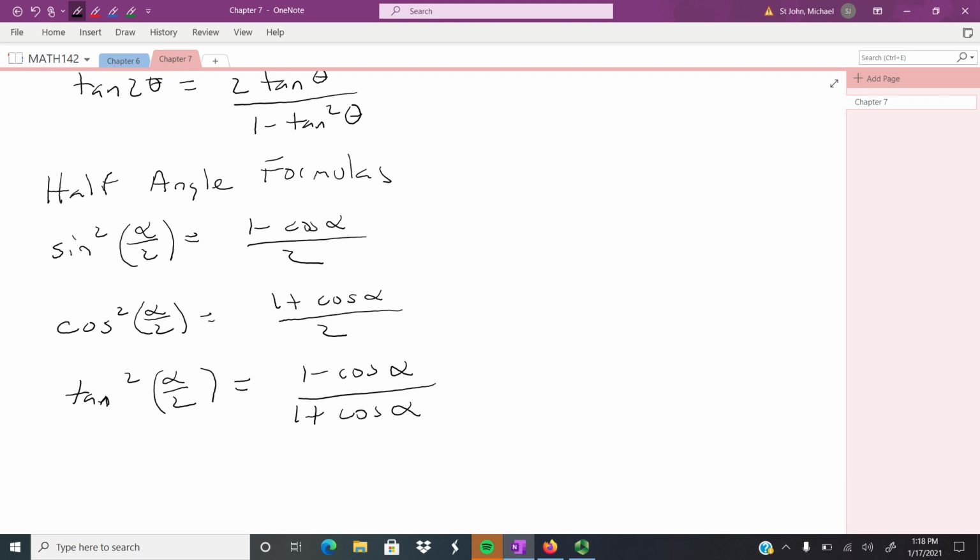which means, of course, if I want to do it just in terms of sine, cosine, and tangent, I just take the square root of the other side.